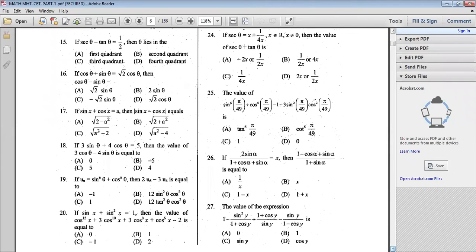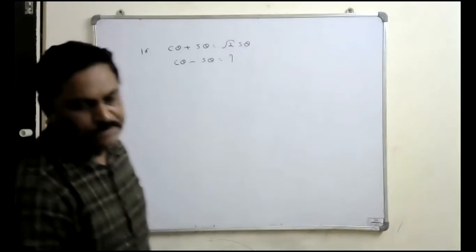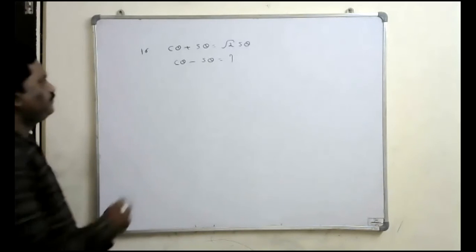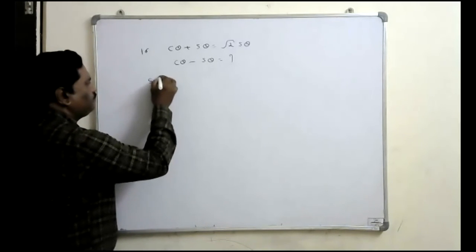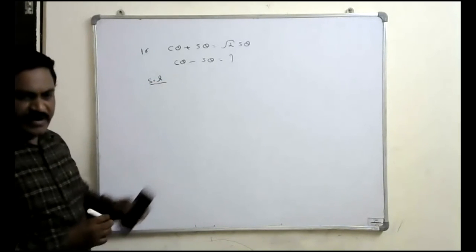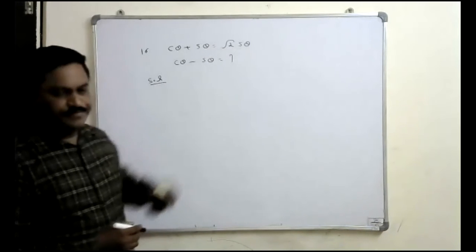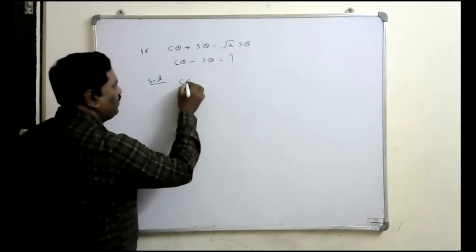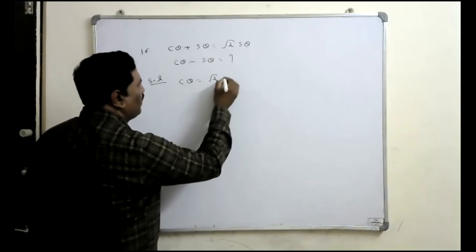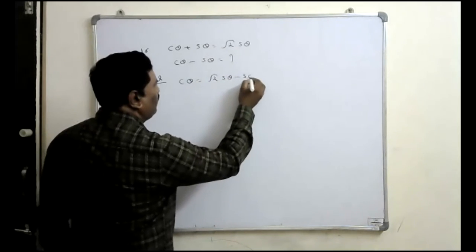So this problem we can solve in two different ways. First, look at the first method. In this, send this sin theta to the other side. Cos theta is equal to root 2 sin theta minus sin theta.